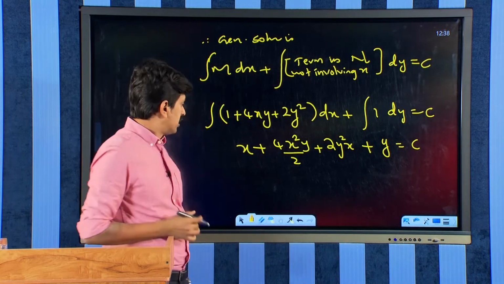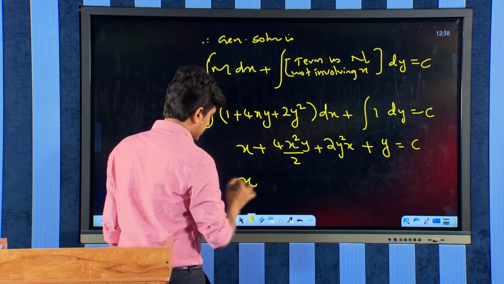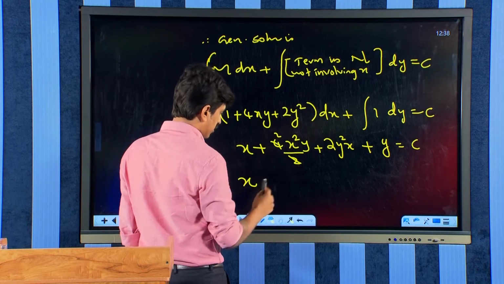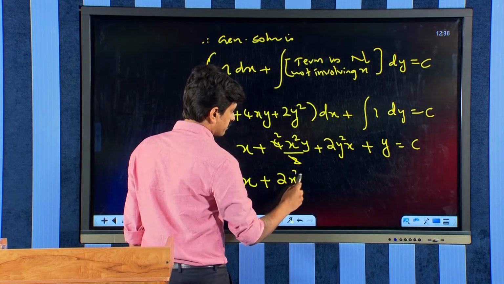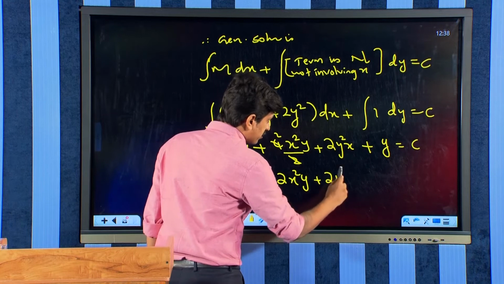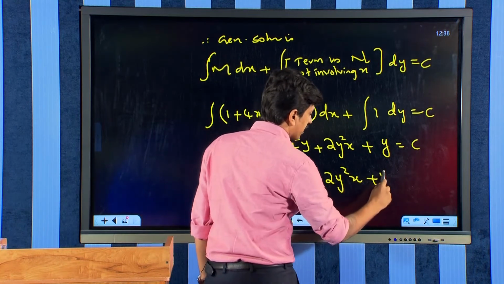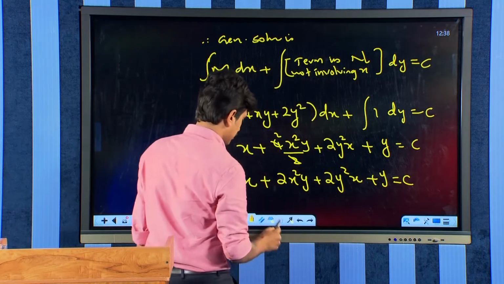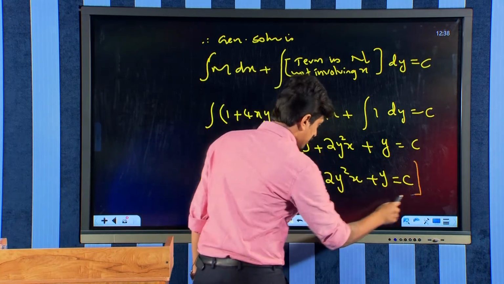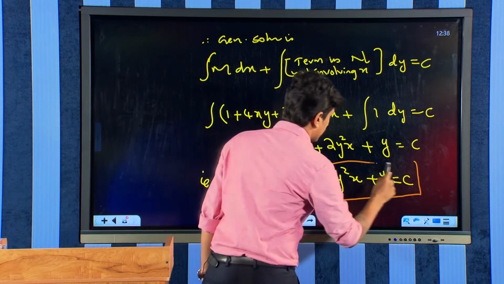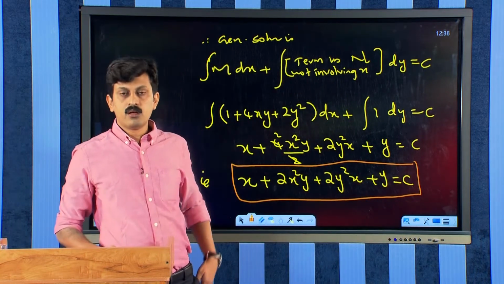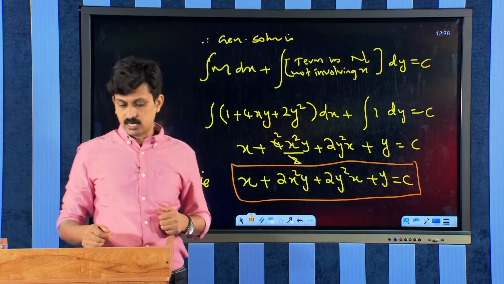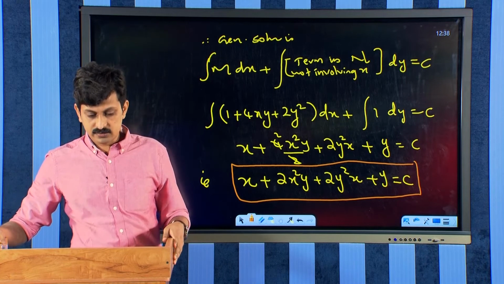We can cancel the 2 and 4, therefore, x plus 2x square y plus 2y square x plus y is equal to c. The constant of integration is there. This is the general solution of the given differential equation. So, we can solve like this.